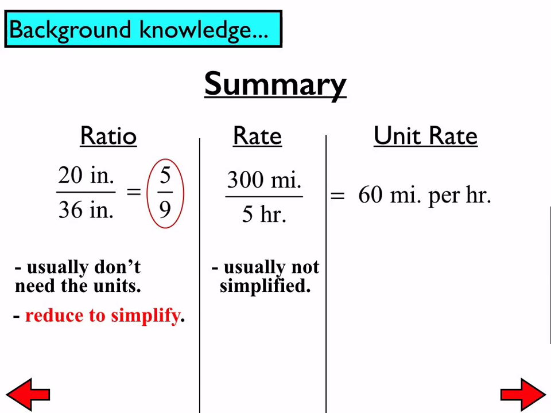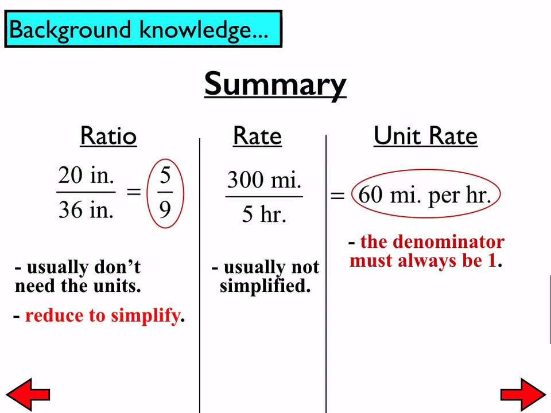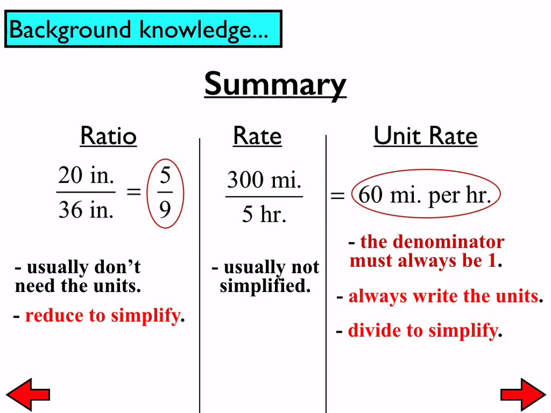And taking that same rate and converting it to a unit rate, we end up with 60 miles per hour. In a unit rate, the denominator, once again, needs to be 1. We always write the units. We divide to simplify. And as we've talked about several different times, money usually goes on top. That's not always the case, but it usually is.